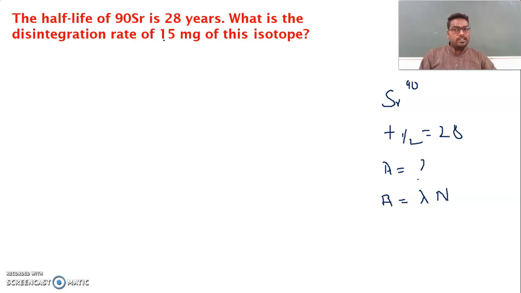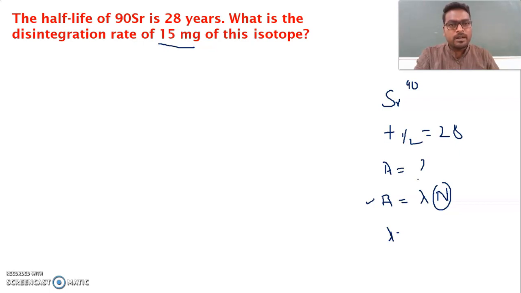Here the quantity N is 15 milligram, but we don't know the value of lambda. But we can calculate lambda by using the half-life equation: lambda equals 0.693 divided by T half. So first calculate the value of lambda, then substitute it in this equation and find out the answer.